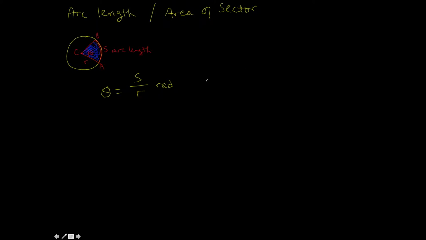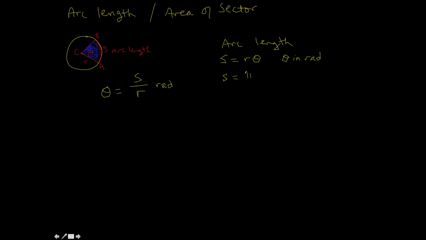So to find a formula for arc length, all we have to do is solve for S. S equals R theta when theta is in radians. That would be an easy formula for the arc length. Now, what if theta was in degrees?